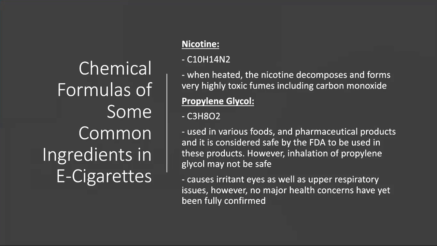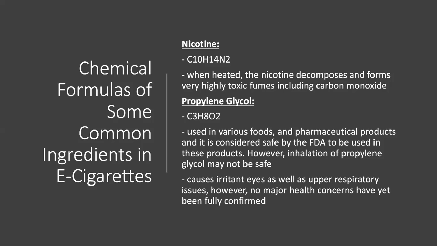Now here I just wanted to include very basic ways to relate it to chemistry again, in ways that we're more used to seeing in our course. So for nicotine, I just put the chemical formula because that's what we've been seeing all year with these chemical compounds. C10H14N2 is the chemical formula of nicotine.